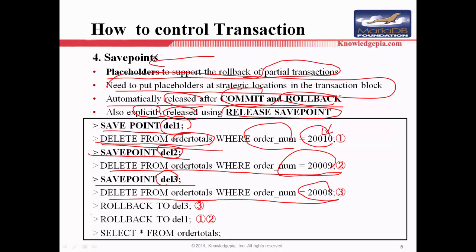Now let's use rollback. Rollback to del3 cancels delete number 3. Rollback to del1 cancels del2, number 2, and cancels number 1 as well. So using savepoint with rollback, anytime we can make placeholders for rollback operations.